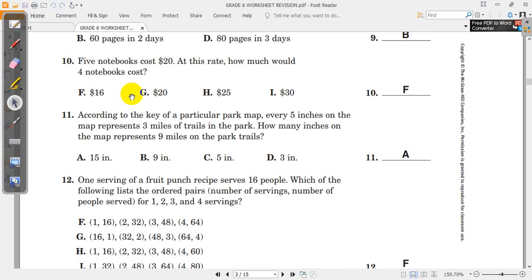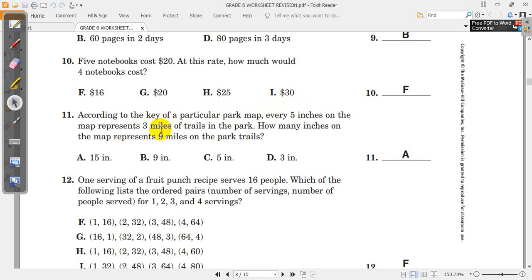Number 11. According to the key of a particular park map, every 5 inches on the map represents 3 miles of trails in the park. How many inches on the map represent 9 miles? Okay, 5 inches for 3 miles.